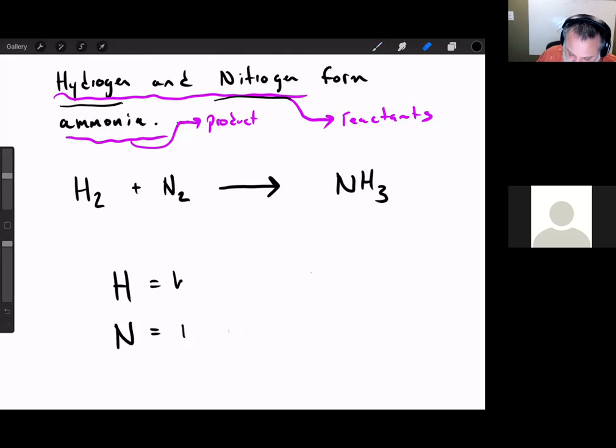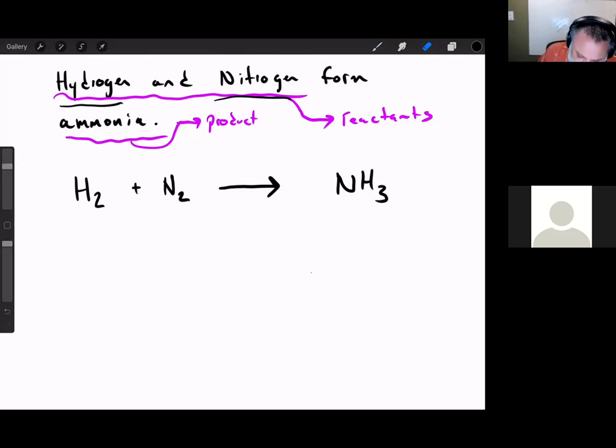Now, I didn't include the states in this reaction. We'll add those back later. But when I say hydrogen and nitrogen, I need to use my natural formulas. Okay, let's do this one equation. Let's balance this, and we'll just wrap it up there for the day.